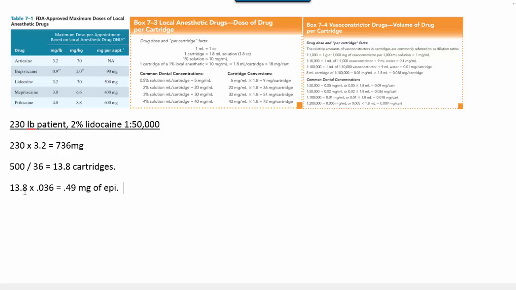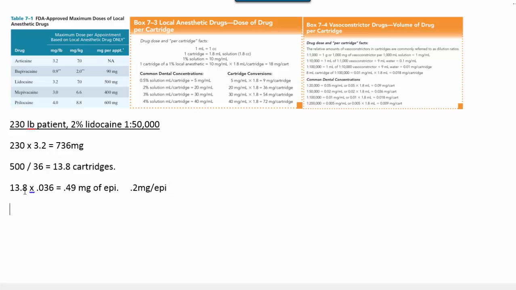This is way over the MRD of 0.2 milligrams of epinephrine. So epinephrine is the limiting factor for this patient.